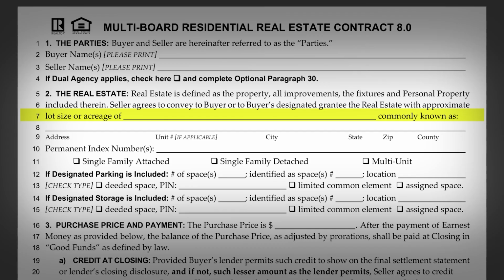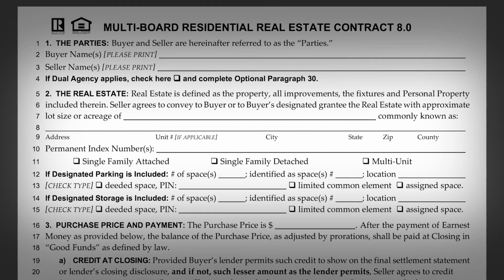You need to put in what the expectations are of this lot. Look it up, do what you've got to do. Even if the listing said per survey, you need to do a little bit more there because people need to know what they're getting, okay? If it's 3 acres, they want to know that they're getting 3 acres. That's the anticipated acreage. And then, of course, your address on line 8, put that in specifically.